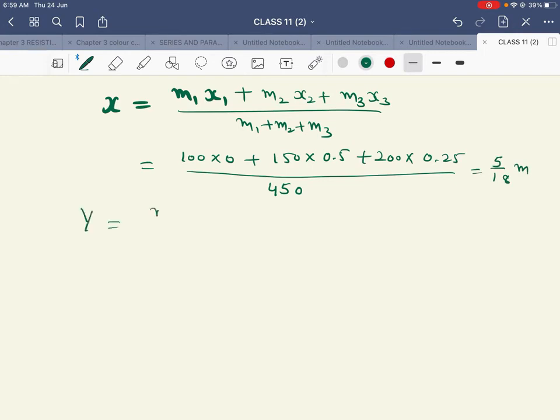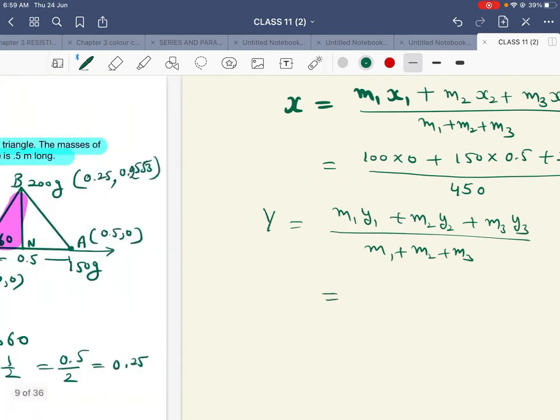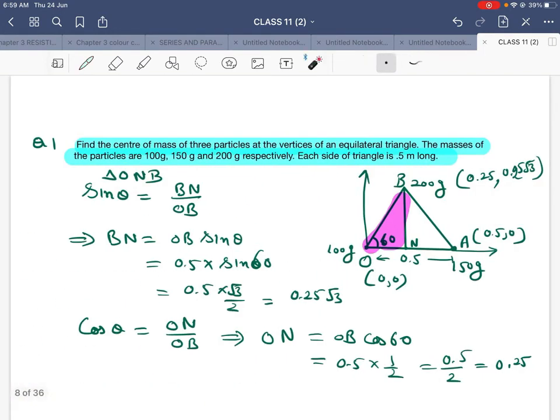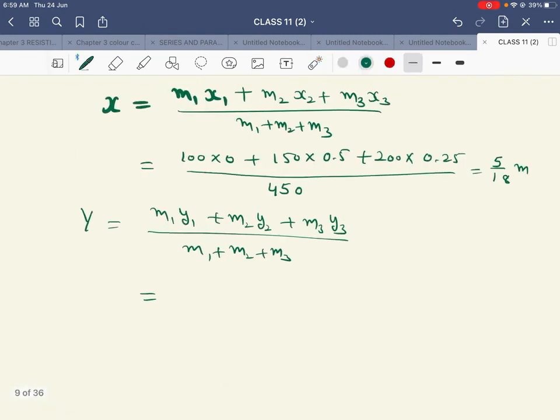Similarly for the y coordinate, that is m1 y1 plus m2 y2 plus m3 y3 divided by the total mass, again m1 plus m2 plus m3. Now we consider the y coordinates, that is 0, 0 and 0.25 root 3.